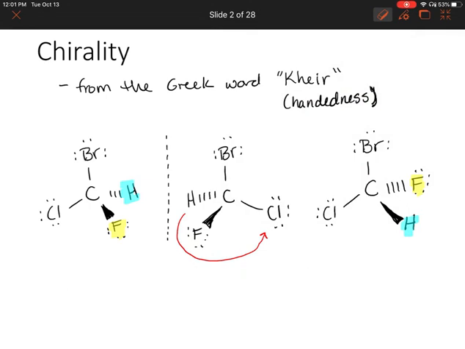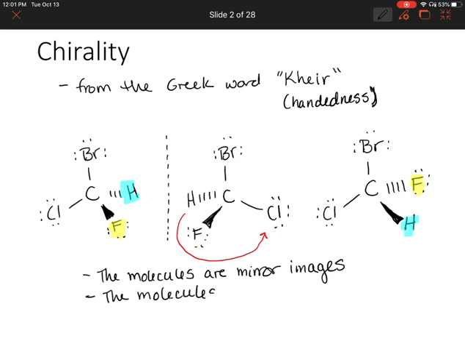All right, so let's take some notes. So the molecules up above are mirror images, but they cannot overlap.